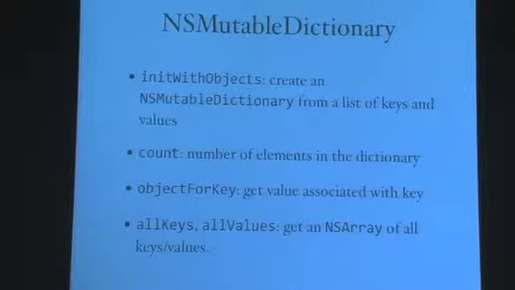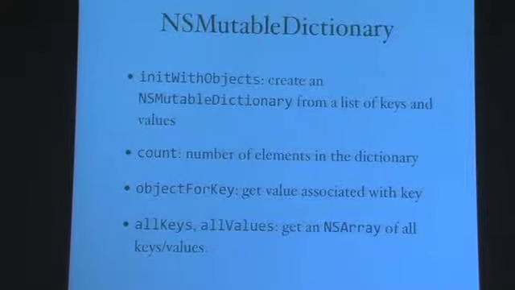The dictionary can only have a single value for one key. So if you ever need to have one key having multiple values, there's nothing to say a dictionary can't hold an array or an NSMutableArray, so that you can simulate multiple values for one key. But as anyone that's used hash maps or any of these types of collections knows, there's always a way to work around a limitation with these collection classes.